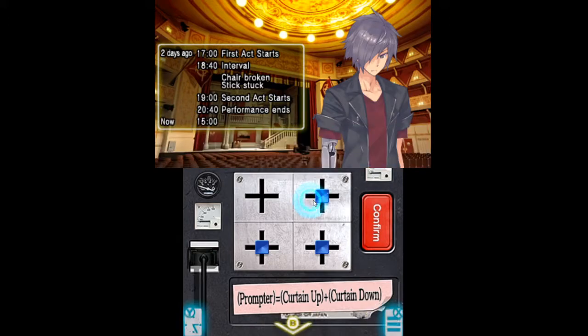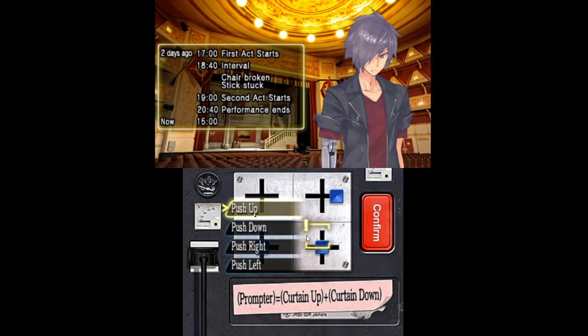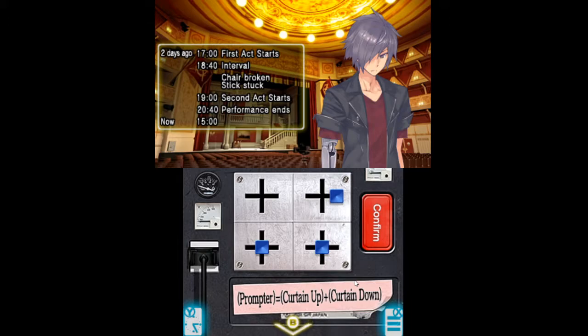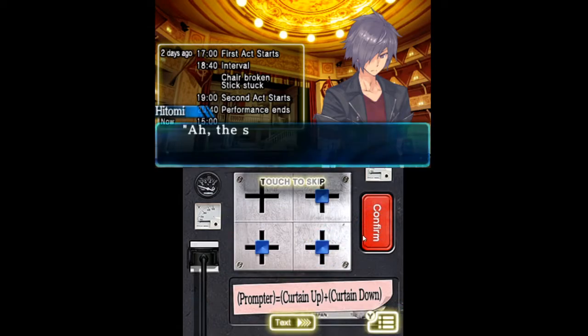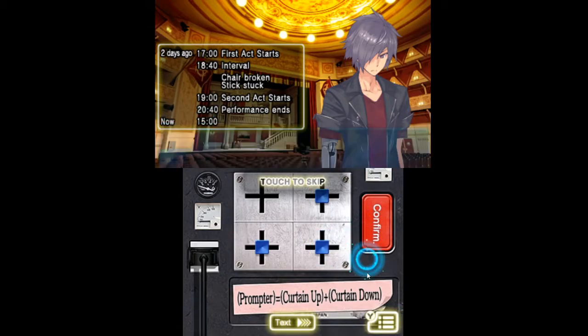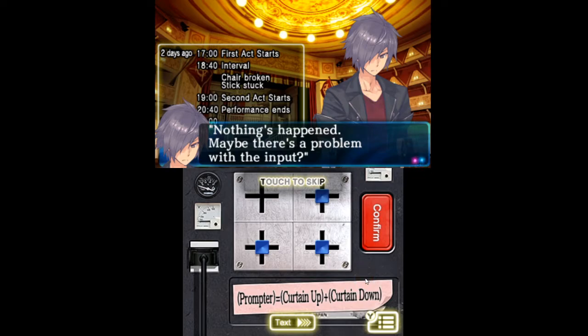Doesn't look like we can swap it out. 这有什么提示吗？先试一下。Curtain up and curtain down. Oh, the switches all reset. Nothing's happened. Maybe there's a problem with the input.